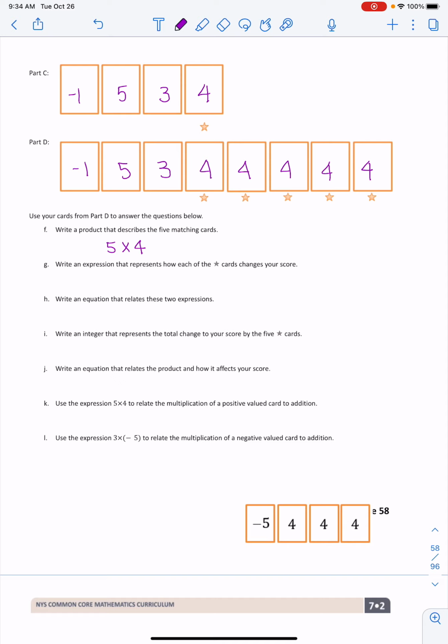Well, if I add 5 of those 4s, it's going to increase my score by 5 of the 4s. It says, write an equation that relates these 2 expressions. Well, again, it's repeated addition, so 5 times 4 is going to be the same as adding 5 4s.